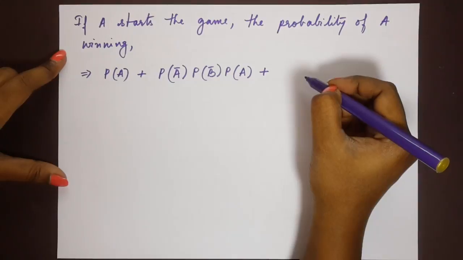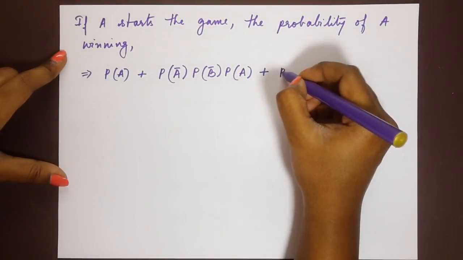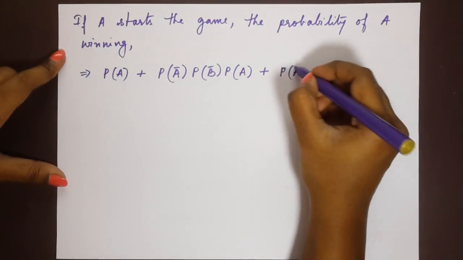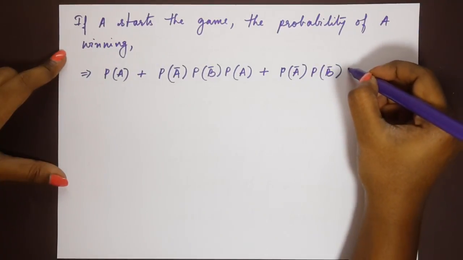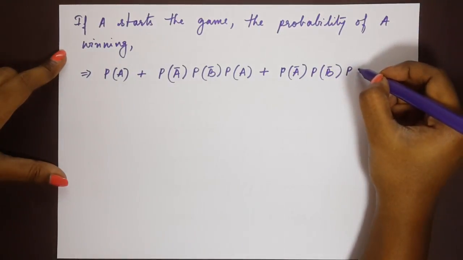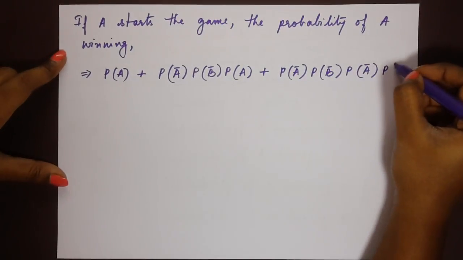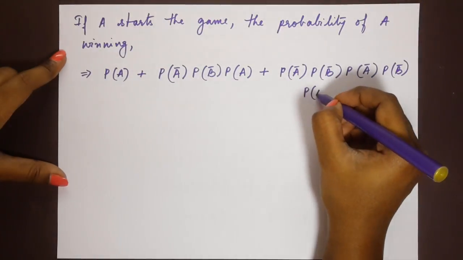So that's another probability. Next, let's say that player A rolls, he loses, then B rolls, he loses, and then the next chance is for A. Let's say A loses again, and then B loses, and finally A wins.